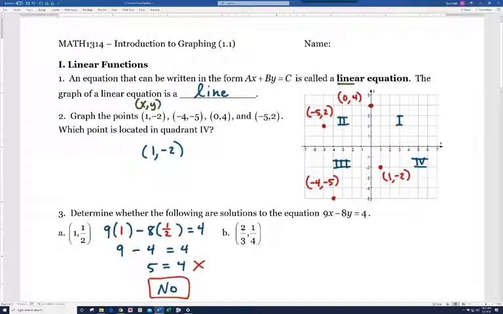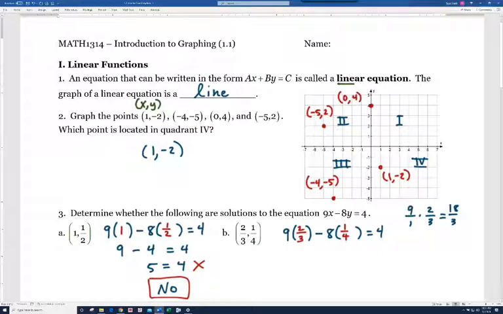So what about the ordered pair 2/3, 1/4? So again, I'll make a shell, and let's go ahead and plug in 2/3 and 1/4. Now, you should be able to do this fraction arithmetic by hand, but you also have your calculator, and you certainly should be able to check it on the calculator as well. So when I multiply 9 times 2/3, I would write that as 9/1, and we just multiply straight across.